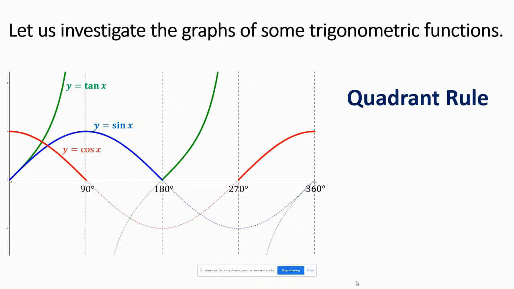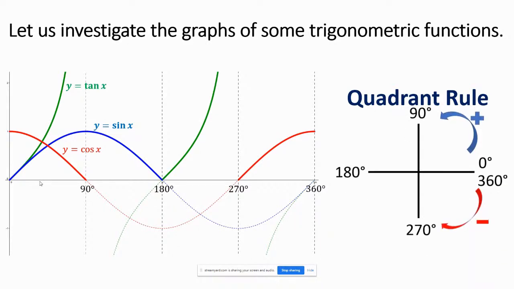If we look between 0 and 90 degrees, this is the first quadrant. All the functions are above the x-axis, meaning the values of those functions are all positive in quadrant 1. Between 90 and 180 degrees, the only graph above the x-axis is the sine function, meaning only the sine values are positive in the second quadrant.